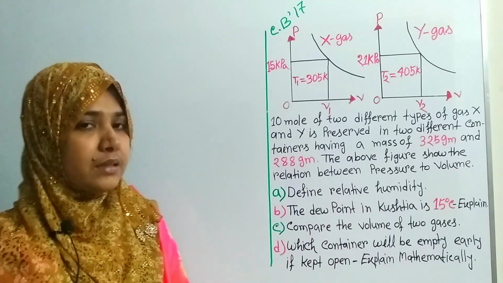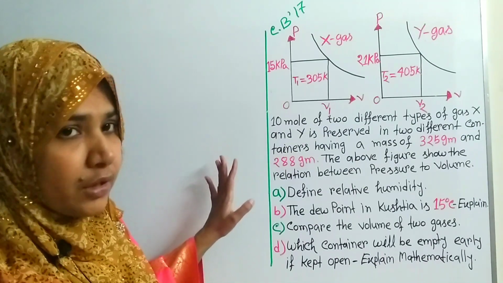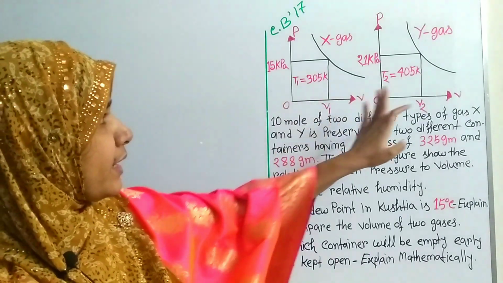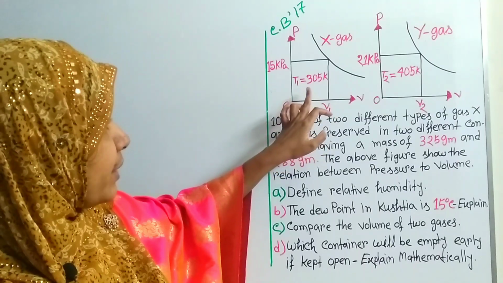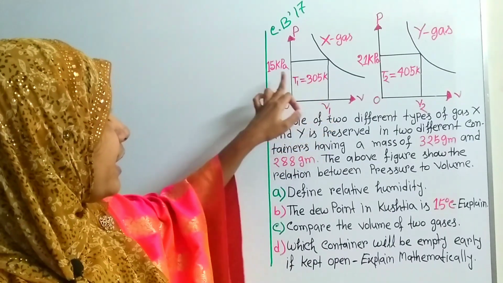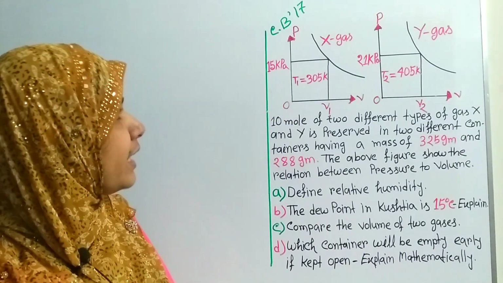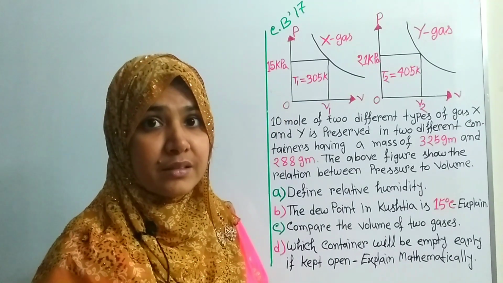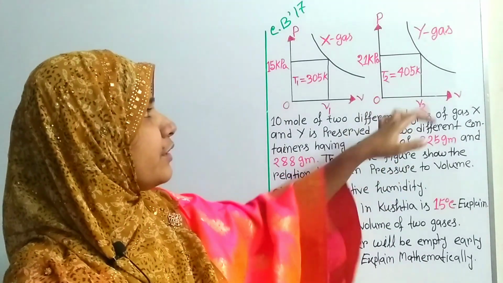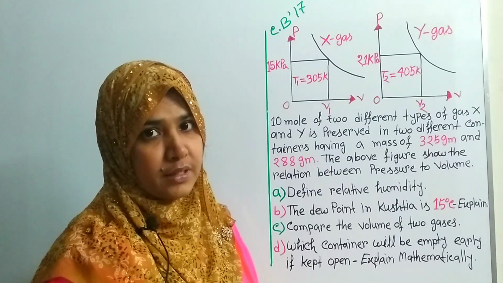Here you can see that they give a graph of pressure versus volume, and there are two gases. The temperature of X gas is 305 Kelvin and pressure 15 kilopascal. On the other hand, the temperature of gas Y is 405 Kelvin and pressure 21 kilopascal.